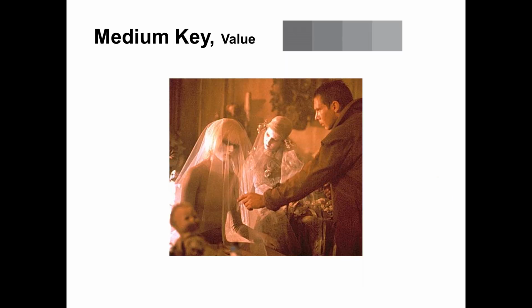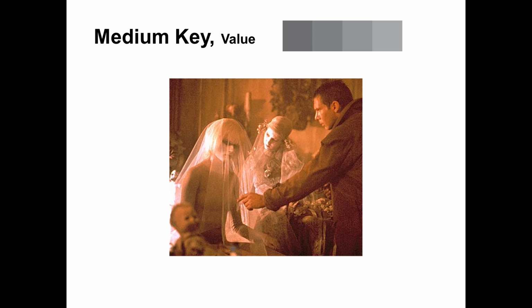Another medium key. Now this is a movie that came out many years ago called Blade Runner. And just to kind of set up the scene for you, at this point, a very young Harrison Ford is trying to sort out if this is possibly a robot, or if this is a dangerous, what they call replicant, that has been known to kill.